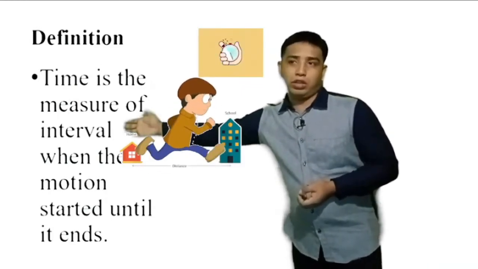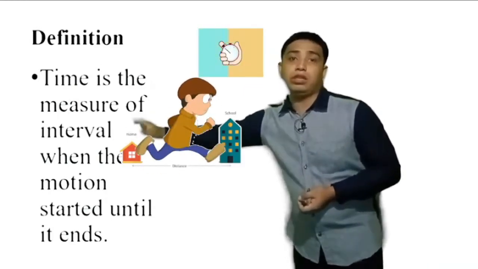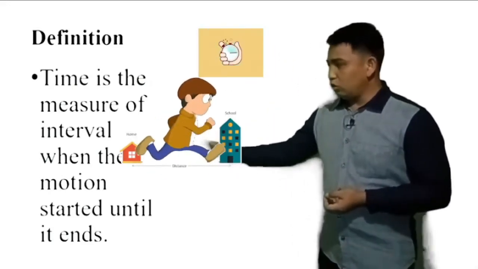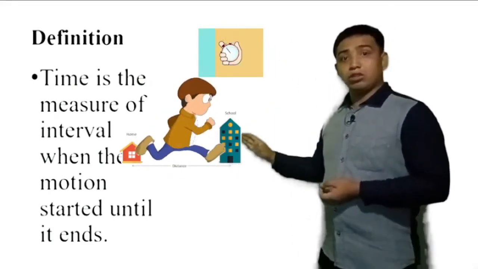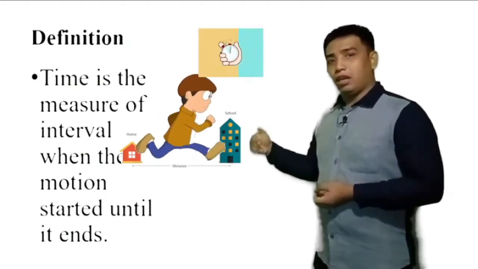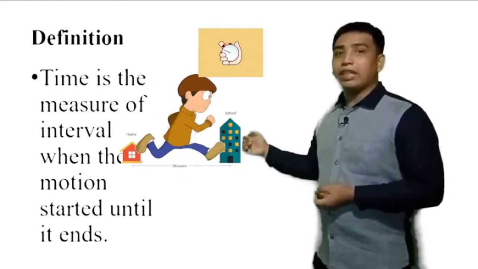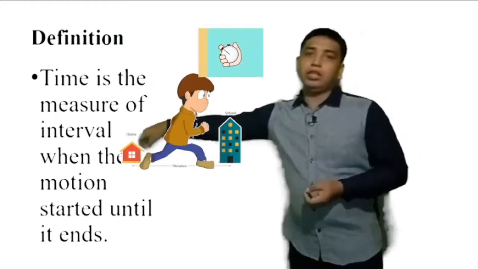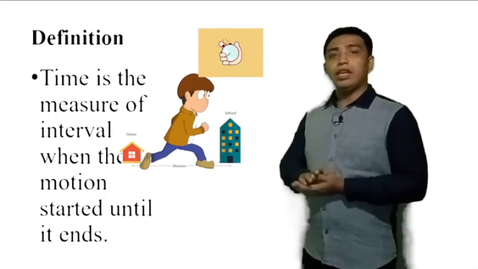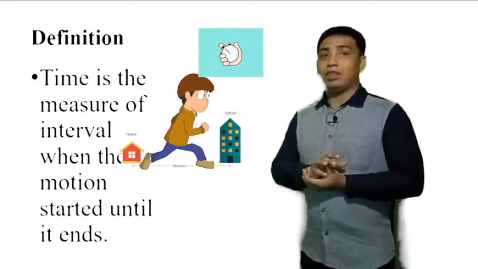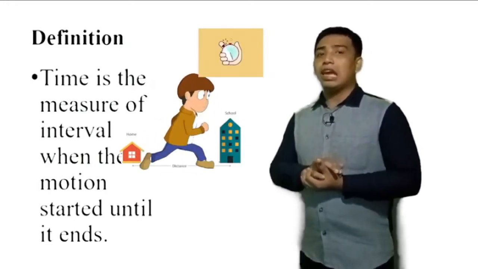Let's say that is 7:30 a.m. Then you walk towards your school, and you reach your school, and you look again at the clock. You found out that it's almost 8 a.m. So the time duration from 7:30 to 8 a.m. is the time that has passed by when the motion started and ended.